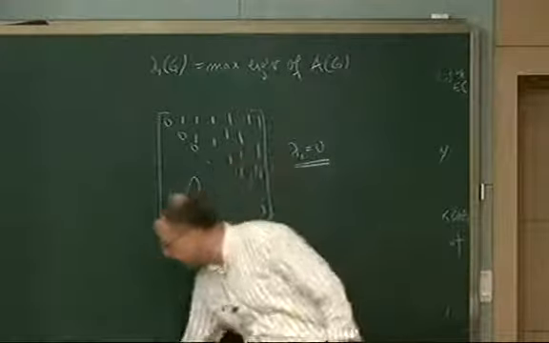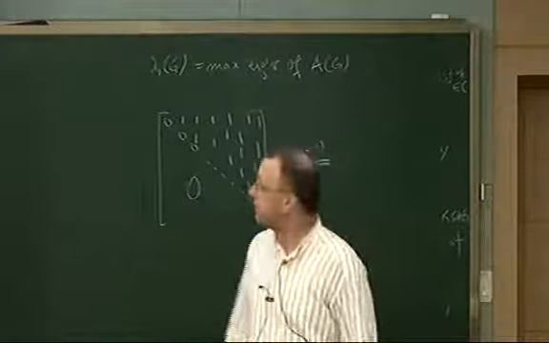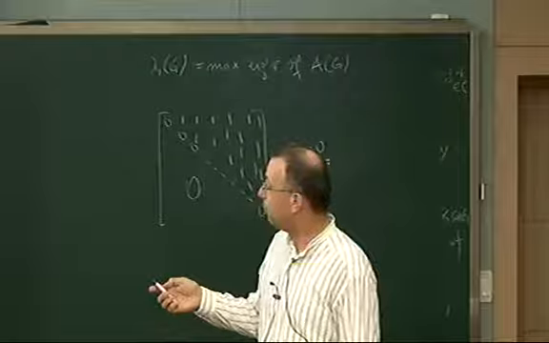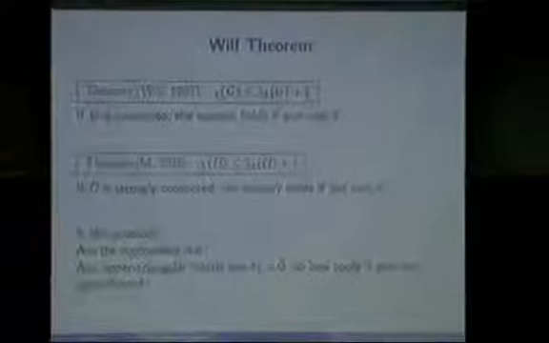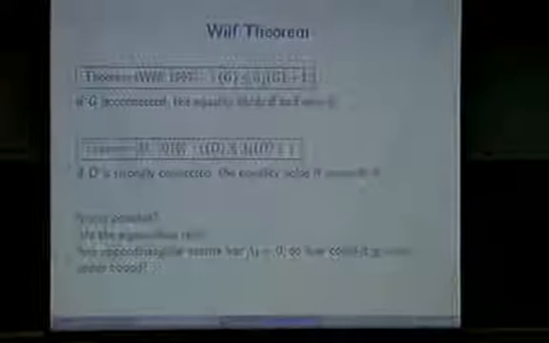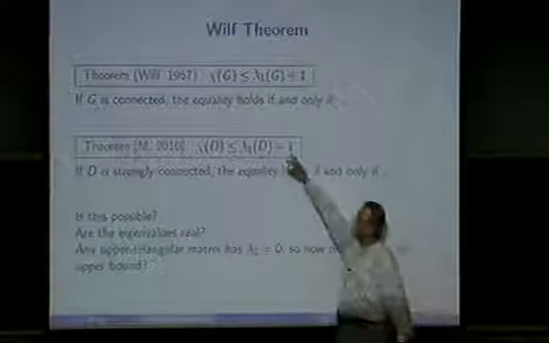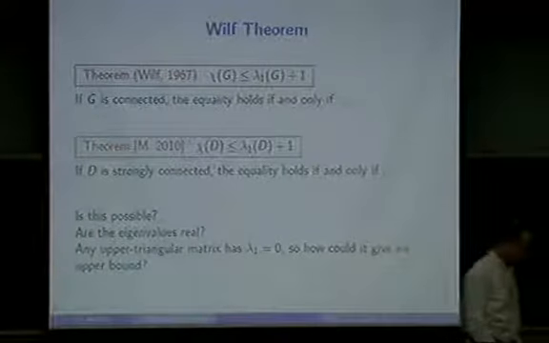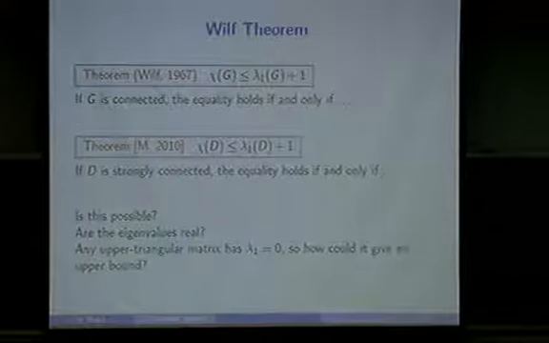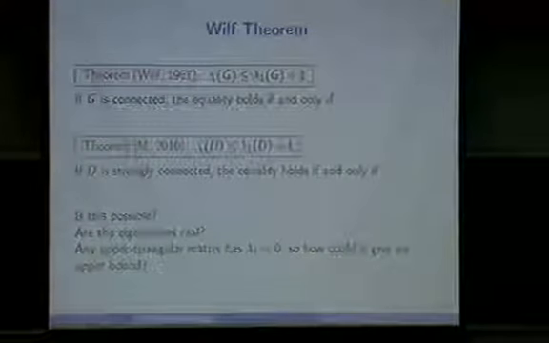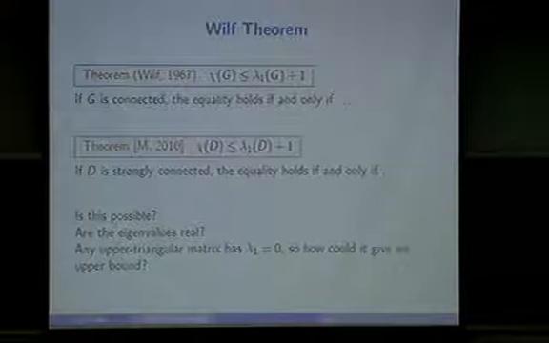That's something suspicious, right? How could a 0 be the upper bound? Of course, in this case the graph is acyclic, so it really has chromatic number 1, and it meets the bound here. So that's a pretty good reason to believe that this is the right chromatic number.